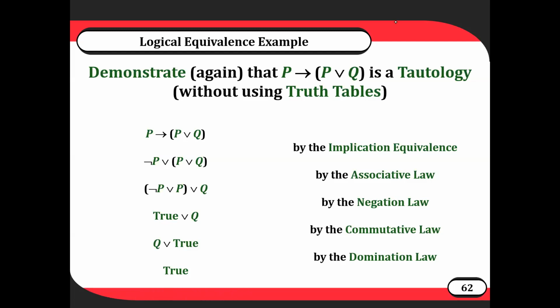It'll dominate your expression. So we've shown that P implies P or Q is logically equivalent to true, and thus it's a tautology. So no matter what values we supply for P and Q, this expression always evaluates to true. You can show that using the truth table, or you can go through these steps. These steps, at first, are more difficult, but once you get used to working with them, they're much, much easier.